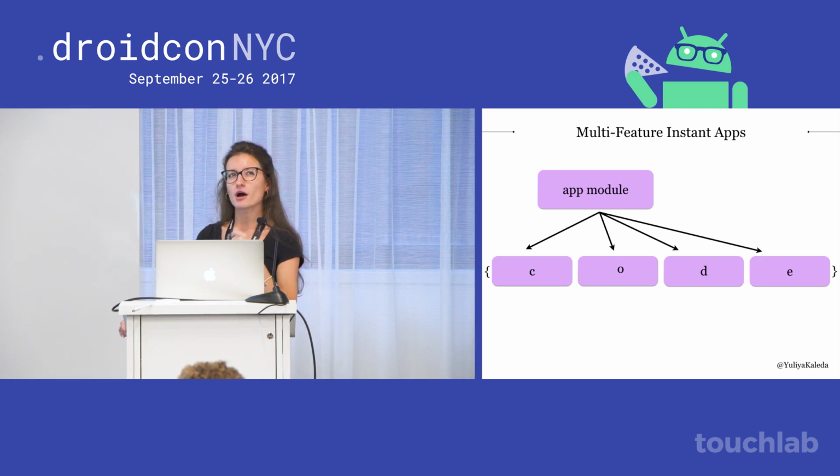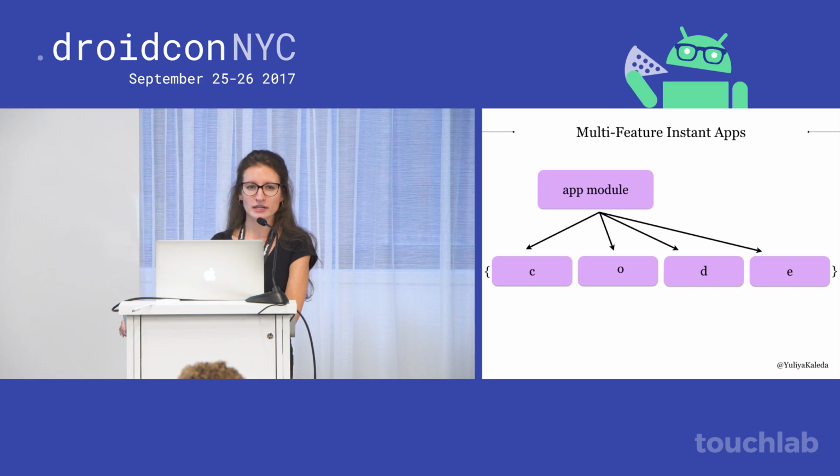But as you can probably think, those feature modules would still have shared components, such as the networking layer. You don't want to repeat Retrofit stuff within each and every feature module. Or analytics managers, probably some logging information or logic.